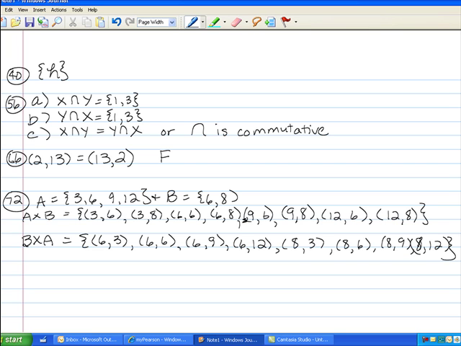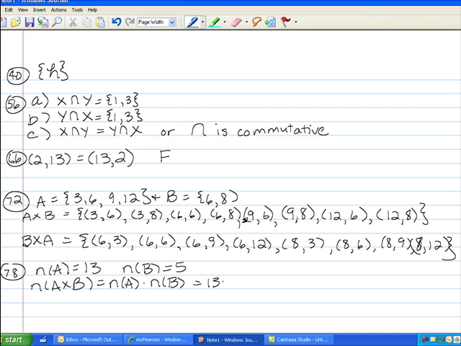Okay, number 78, we're to find the number of elements in A cross B. Number in A is 13, number in B is 5, number in A cross B is the number in A times the number in B, which here would be 13 times 5, or 65.